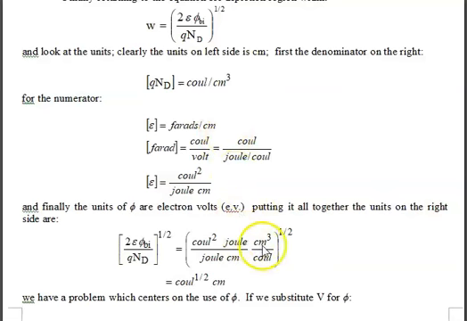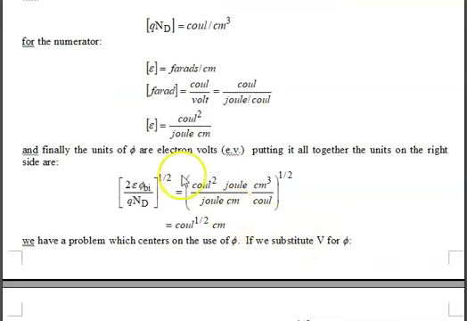Of course, this cubic centimeter flips on top, and of course we take the square root, and one of the coulombs cancel out, so we still have a coulomb. The joules cancel out, and the centimeter cubed cancels with centimeters, so I've got centimeters.